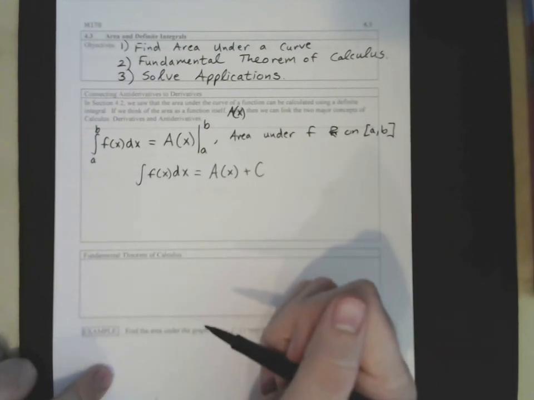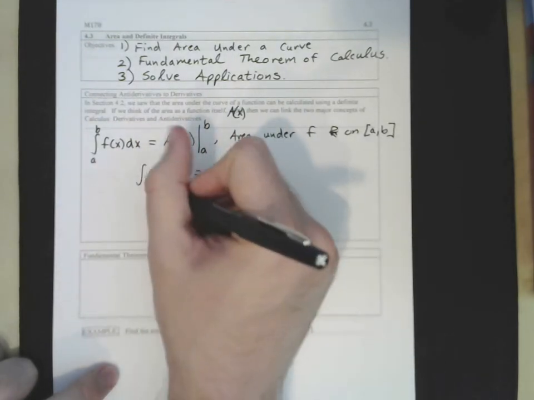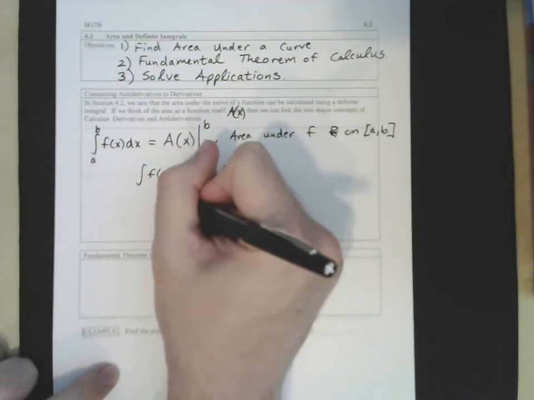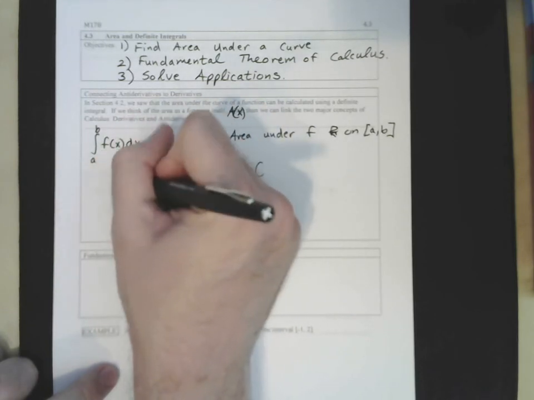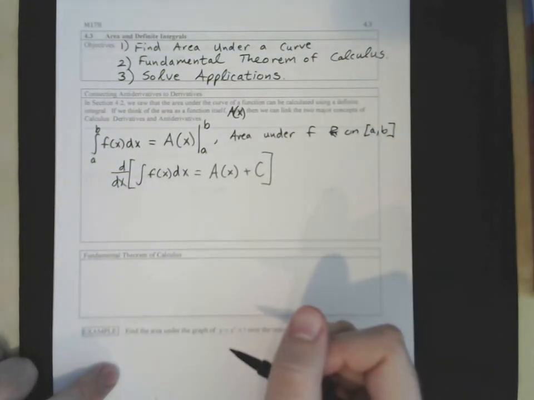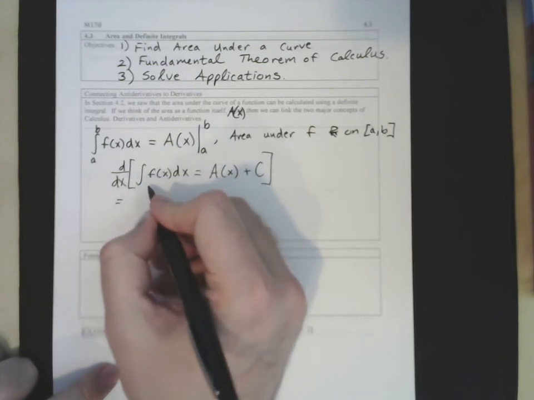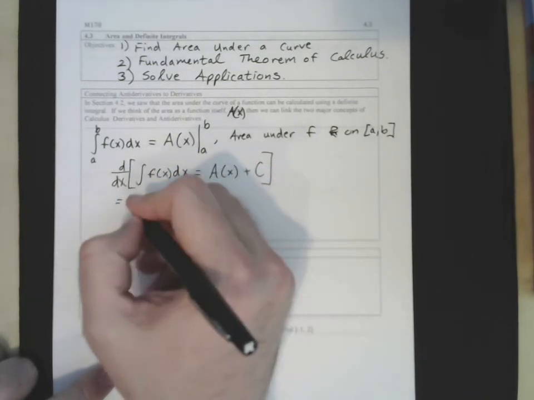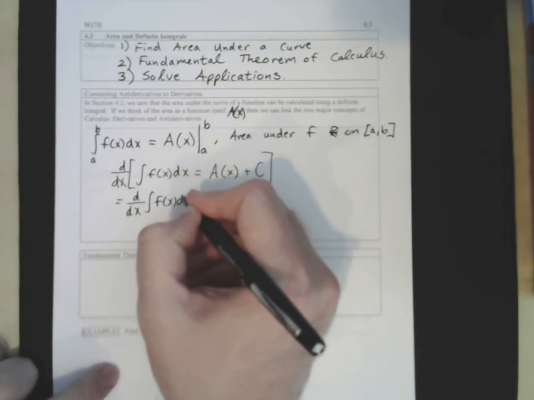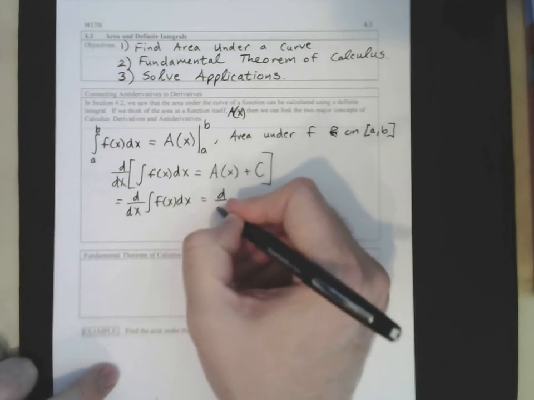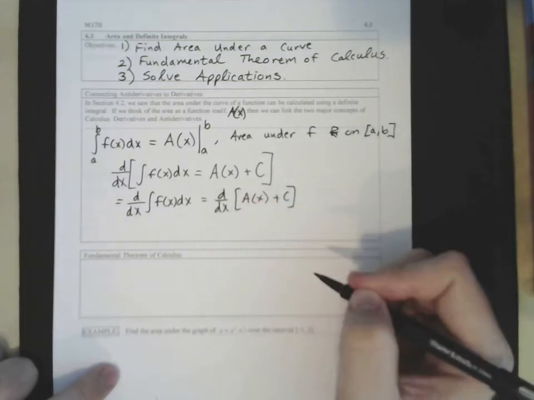And so if we take the derivative d dx of both of these, we're going to ignore the left side for now, but this is d dx times the integral of f of x dx should equal d dx of A of x plus c.